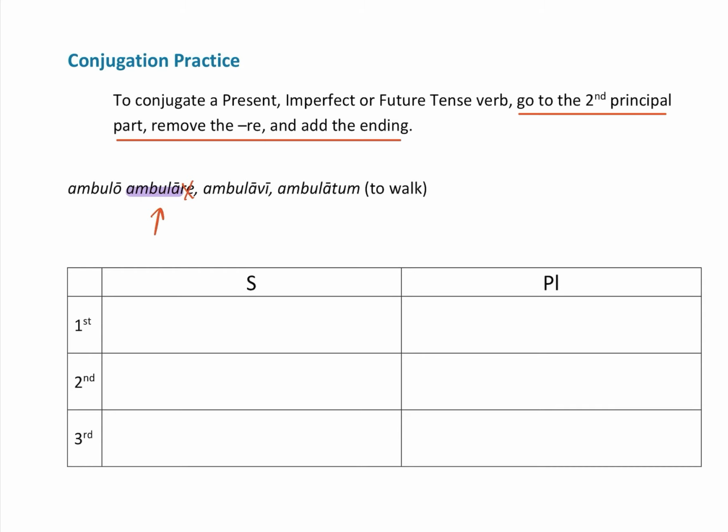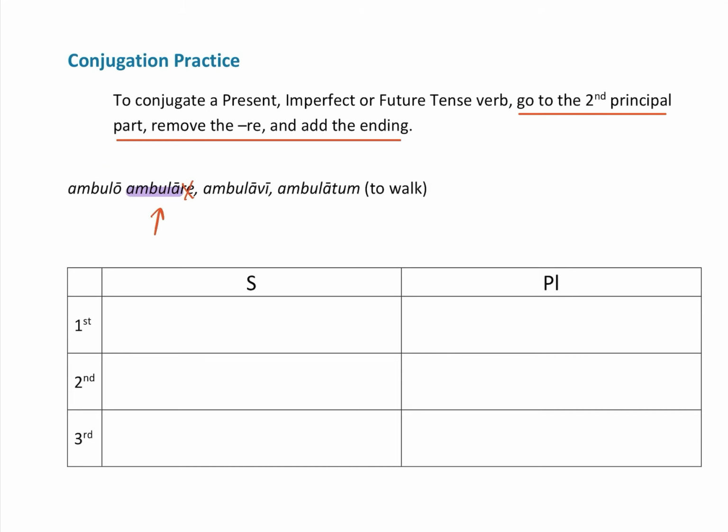So remember, the easiest way to conjugate a verb is to write the stem down first. And we're going to do this in imperfect tense. So remember ambulo, this is first person present tense. So you're no longer going to use ambulo. You're not going to put it down here in the imperfect. So we're going to erase that so you don't even pay attention to it.